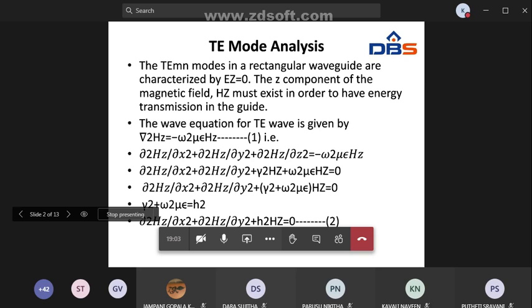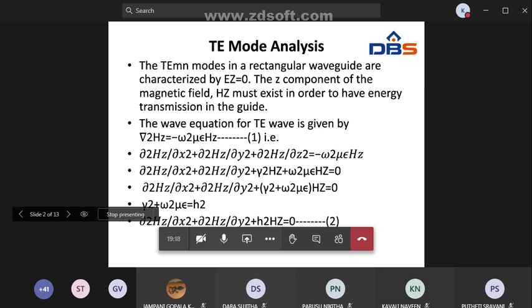Previously we have defined one operator, that is ∂²/∂z² equal to γ². So here in place of ∂²/∂z², substitute γ².